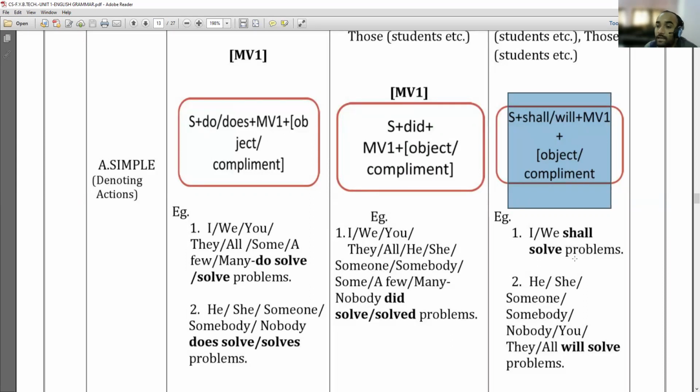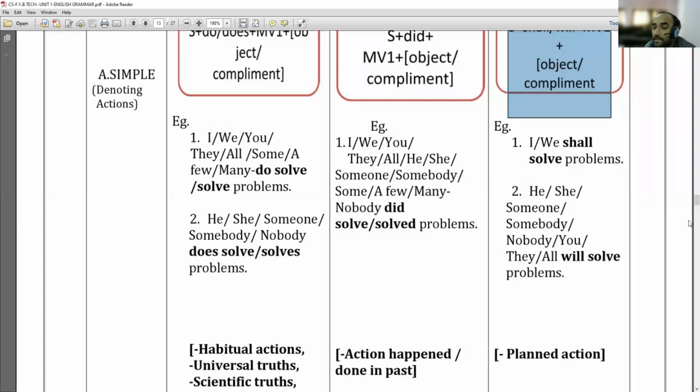So for I and we use shall, and will is used for remaining all, that is he, she, someone, somebody, no one, nobody. You, they, all will solve problems. तर will आपण वापरतो रिमेनिंग सगळ्या वर्ब्स सब्जेक्टला. ओके, shall आपण वापरतो फक्त I आणि we च्या पुढे.